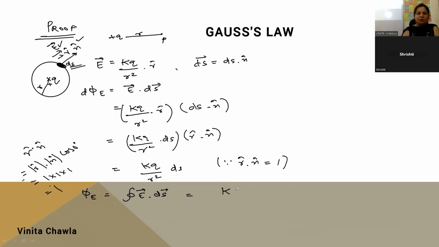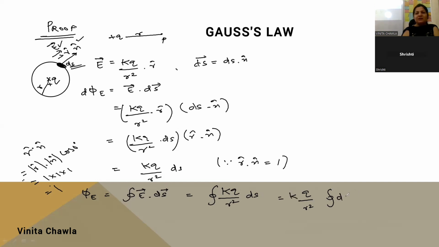So it's kq by r square ds, with a closed integral. Q is a constant. Distance we're taking as constant. And here, this k is 1 upon 4 pi epsilon naught.